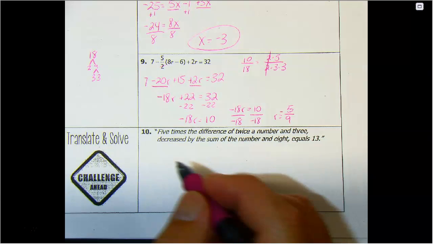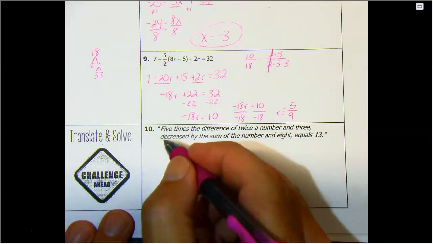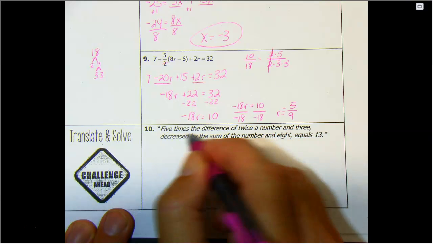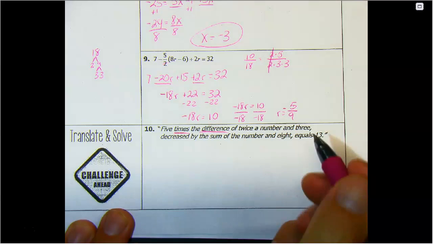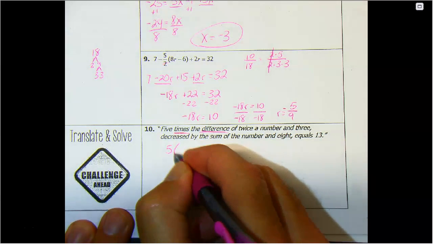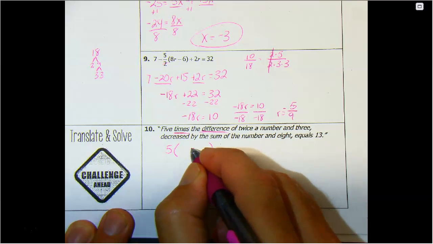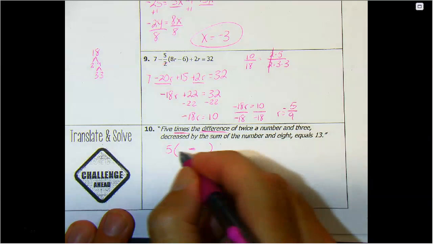Anyway, moving on. The only thing different here is now we have to translate this. 5 times the difference. So it's 5. We're having an operation of times on another operation, the difference. So that means that this is going to involve parentheses. So 5 times a difference of twice a number and 3.